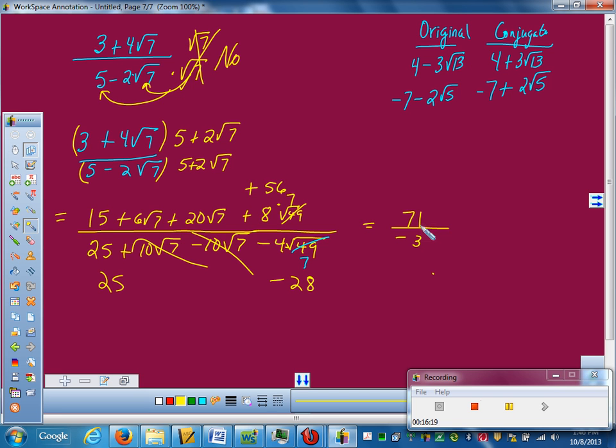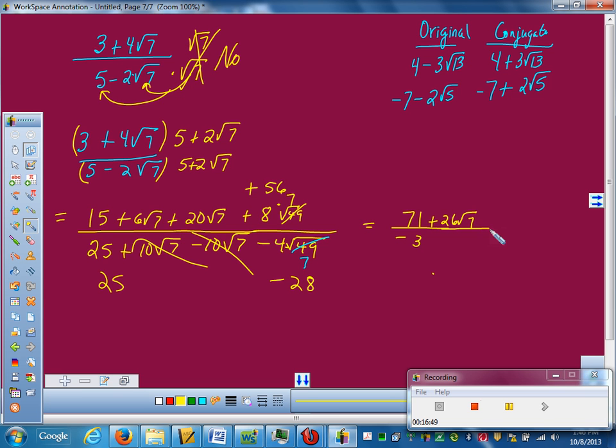Yeah, 6 plus 20 is 26. So we would have a plus 26 square root of 7. Then the last thing you should ask yourself is, is there any chance that all of these numbers, all 3 places outside the root, I could reduce any of those? I don't think there's any common factors between 71, 26, and 3. So it sounds good.